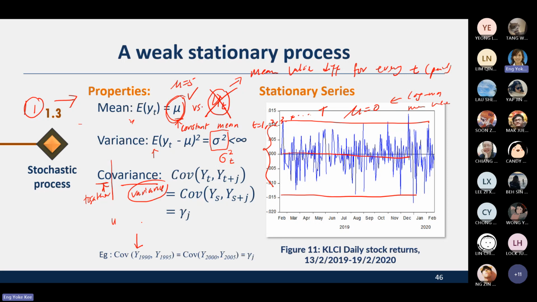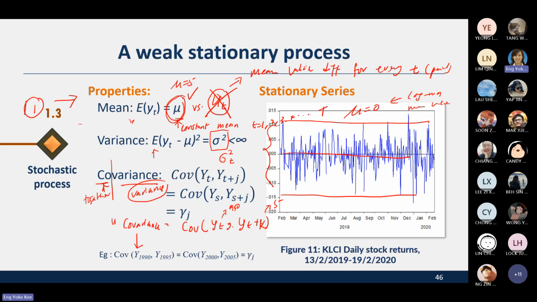So let's say I want to look at the covariance between data now and 5 years later. K is 5 years, let's say. So my starting point, let's say, is 1990s. After 5 years is 1995, 5 years later.